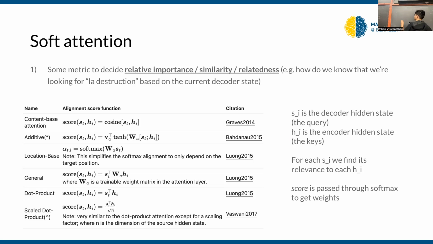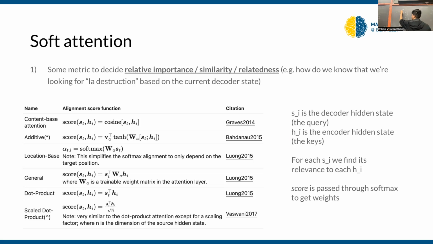If you think of this like a Python dictionary, where you have a bunch of keys and a bunch of values that correspond to these keys, we're introducing a query that we want to compare to each of these keys.